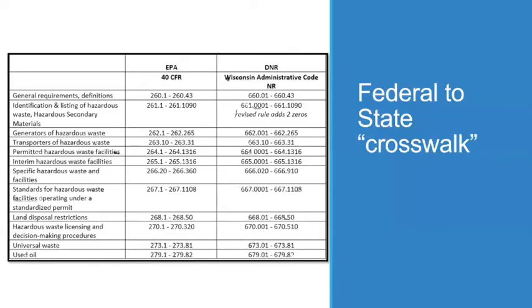So if the federal code citation is 260.1, the state code citation is 660.01. If it's a 200 series at the federal level, it's a 600 series in Wisconsin code. We've got a lot more zeros running around in there, because we have to show all the zeros. It just has something to do with how we publish our rules.